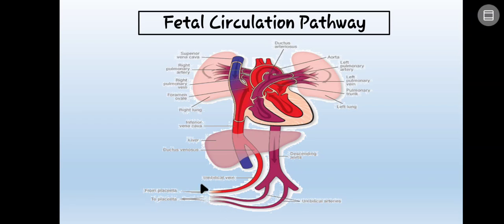This umbilical cord, made up of the umbilical vein and the umbilical arteries, is connected to the placenta. The oxygenated blood coming from the mother's circulatory system with the help of the placenta joins the umbilical cord and then moves through the umbilical vein. The process of fetal circulation starts with oxygenated blood.